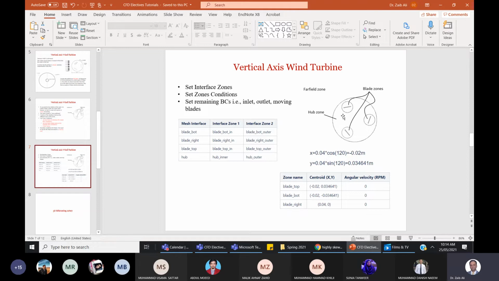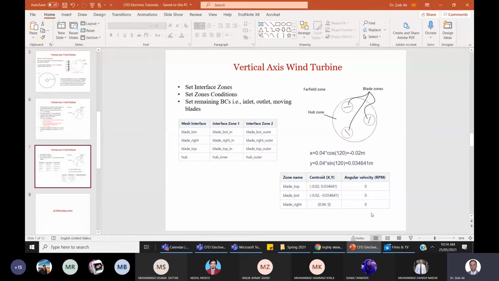We have created these zones, and we have just prescribed the zone condition for the hub zone. Now next we are taking this inner zone, which is the blade zone, and we are prescribing the motion of this zone relative to the inner zone. Because both zones are moving at 40 rpm in the absolute frame of reference, relative to this inner zone the blade zones are moving with a relative velocity of 0 rpm.